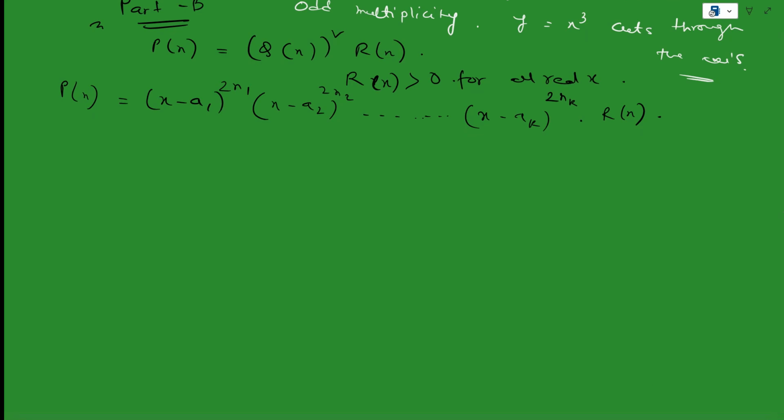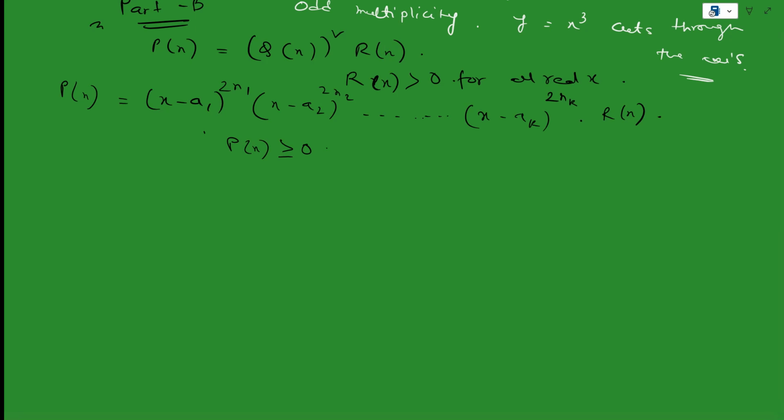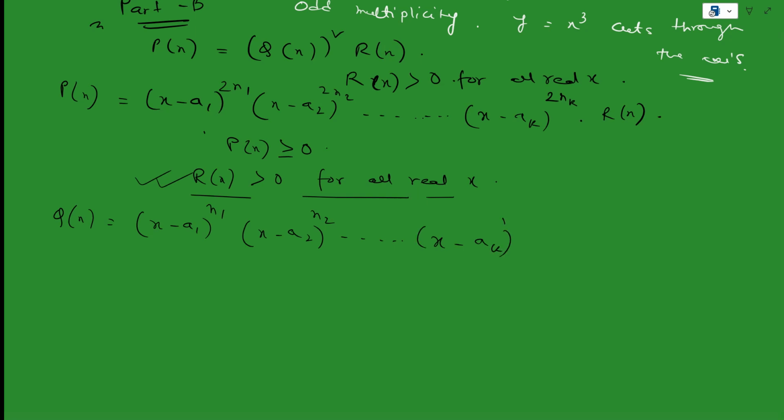Now, since p of x is greater than or equal to 0, the remaining factor cannot become negative somewhere. Thus, r of x is greater than 0 for all real x, and this is extremely important. Now define q of x as (x minus a1) to the power n1 into (x minus a2) to the power n2, and this goes up to (x minus ak) to the power nk.